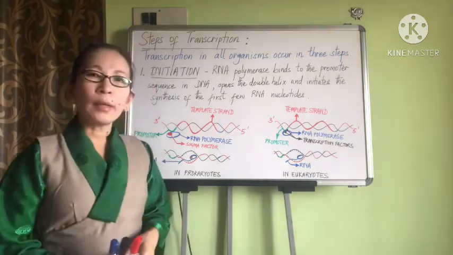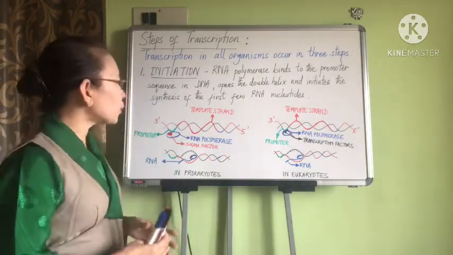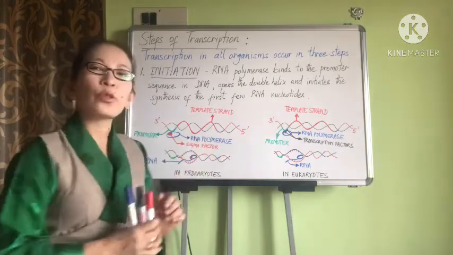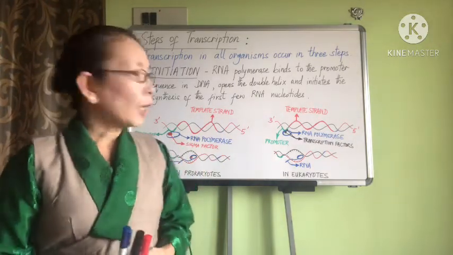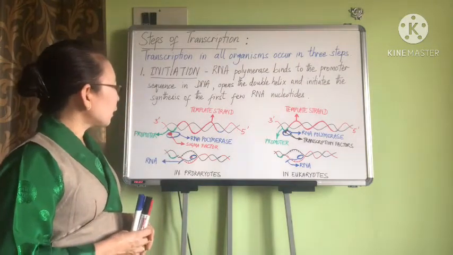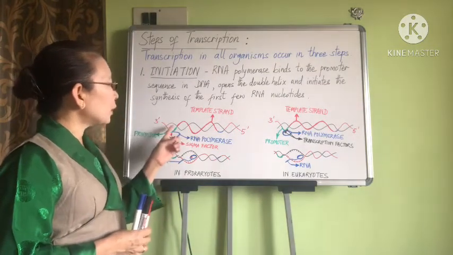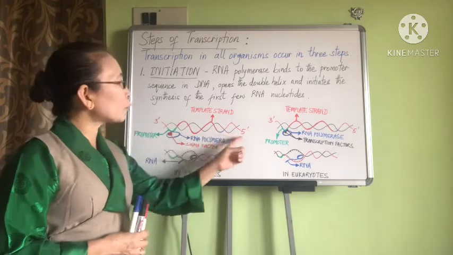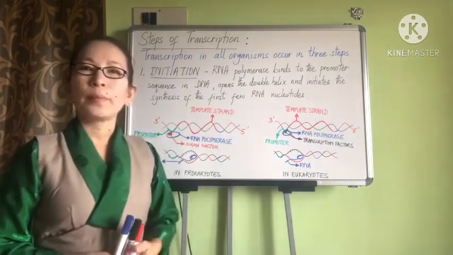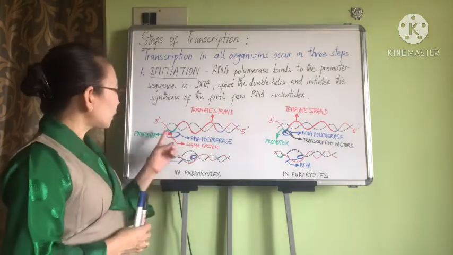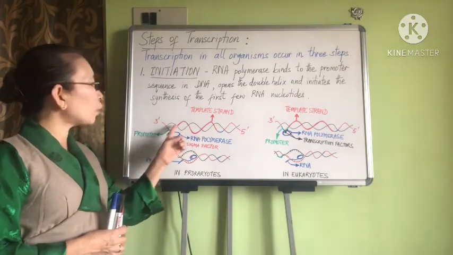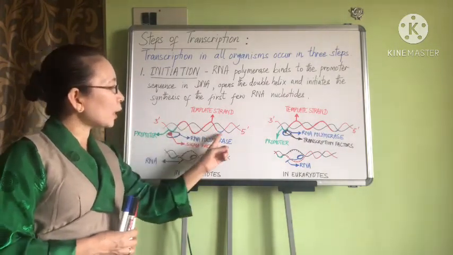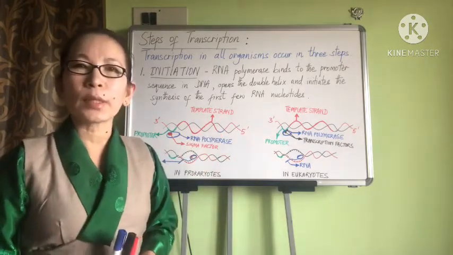You know already that during transcription, a segment of the DNA called a transcription unit is copied into an RNA. In my illustrations over here, the strand of the DNA which is drawn in red color is the 3' to 5' template strand. And here is the promoter sequence of the transcription unit followed by the structural gene and ending with a terminator sequence.